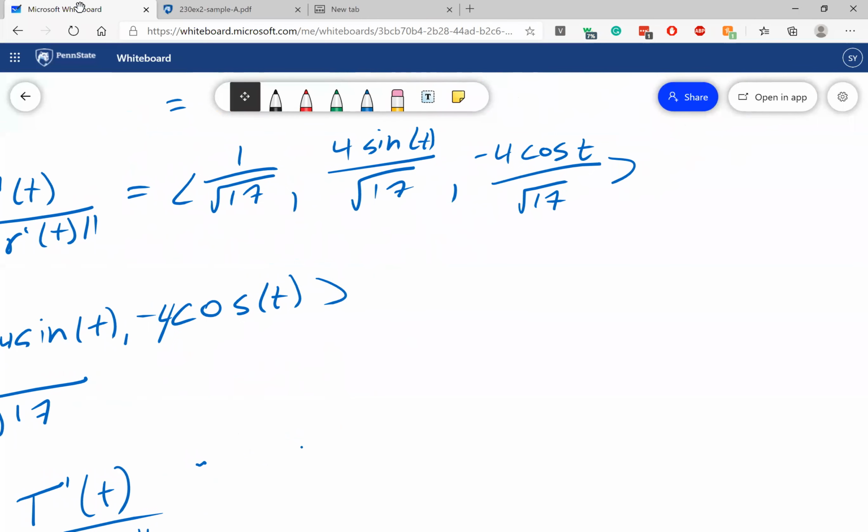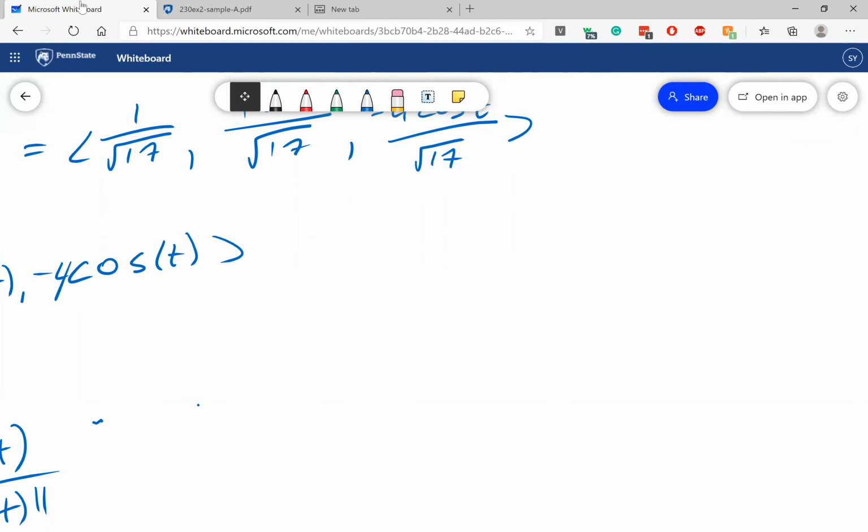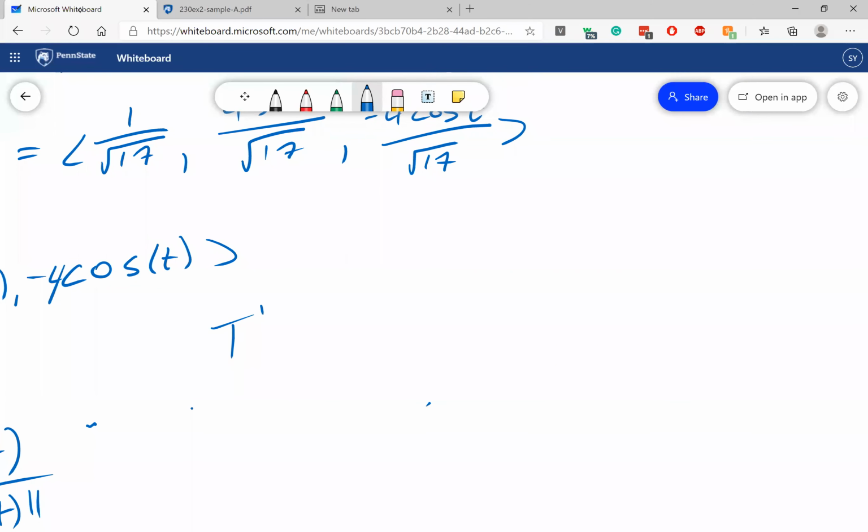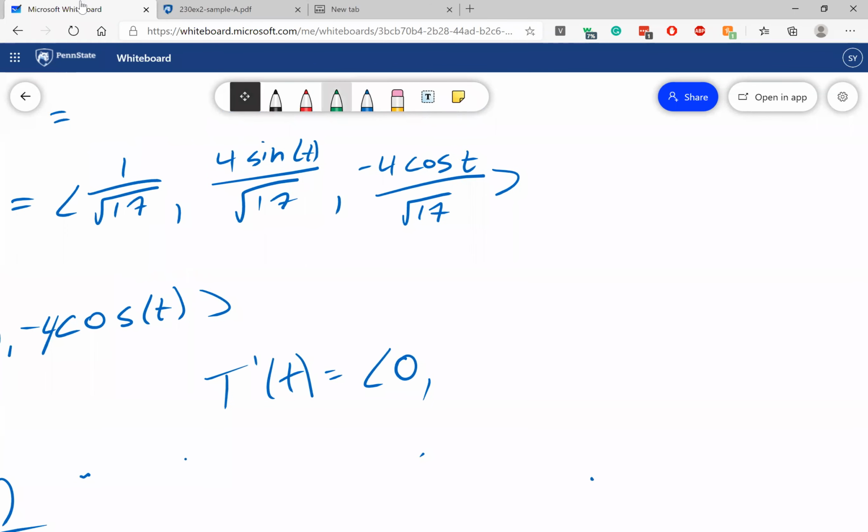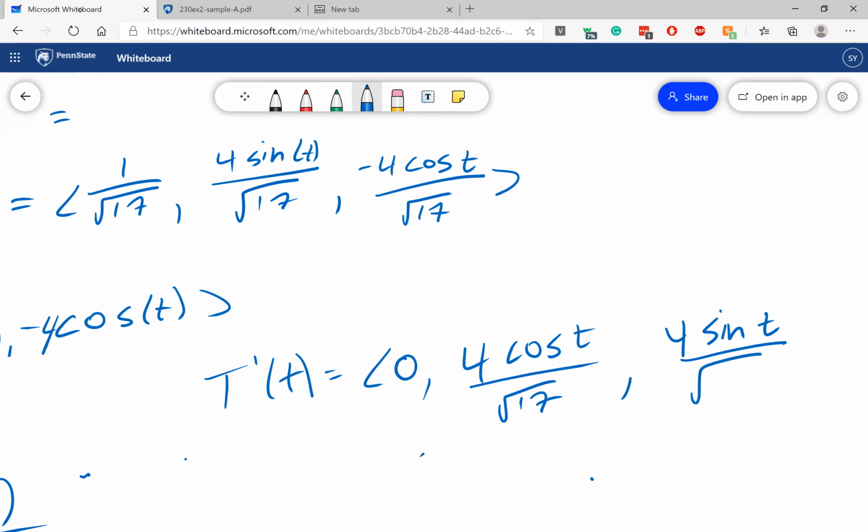It is going to be 0, then 4 cosine of t over the square root of 17, and 4 sine of t over the square root of 17.